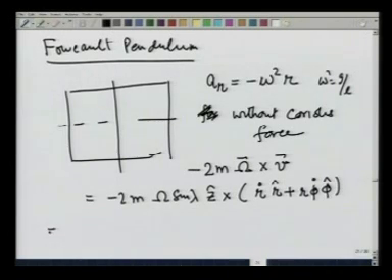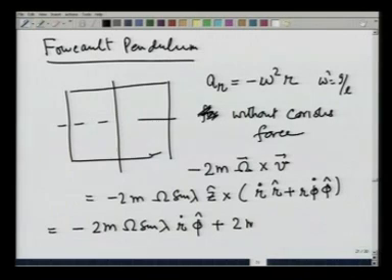This gives me minus 2 m omega sine lambda. Z cross r is phi, so r dot in phi direction, and z cross phi is minus r, so plus 2 m omega sine lambda r phi dot in r direction.